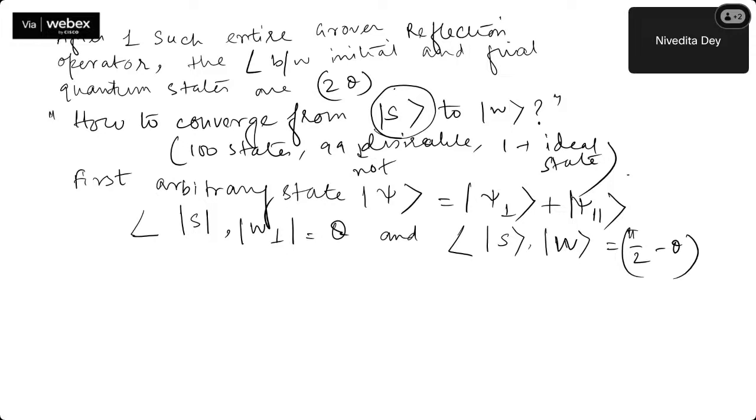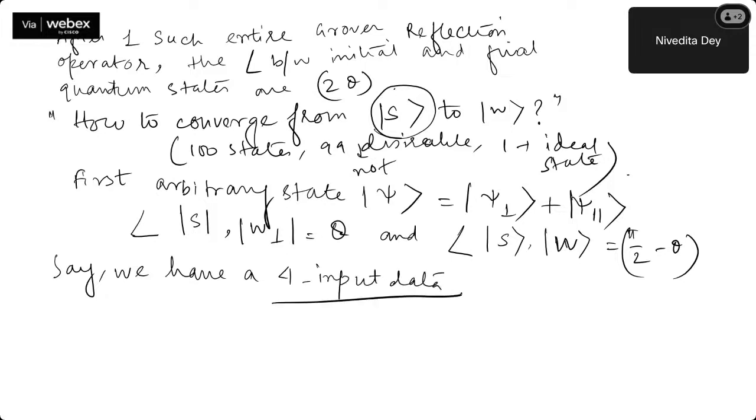Okay. Now say we have 4 input data, that is, I have 4 inputs. The number of inputs here is equivalent to the number of states.